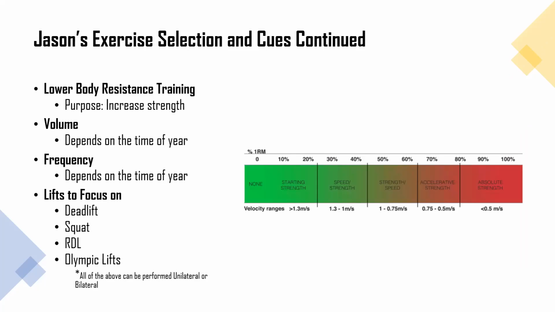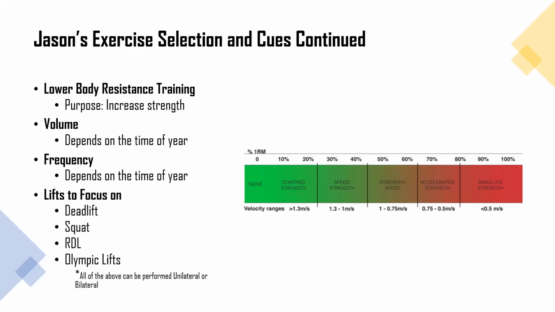Another factor that will contribute to power and force is lower body strength. Therefore, we want to make sure that Jason is participating in resistance training of the lower body. Frequency and volume will depend on what time of the season Jason's in, if he's in preseason, off-season, or postseason. The main 4 lower body lifts that Jason should focus on are deadlifts, squats, RDLs, and then Olympic lifts.